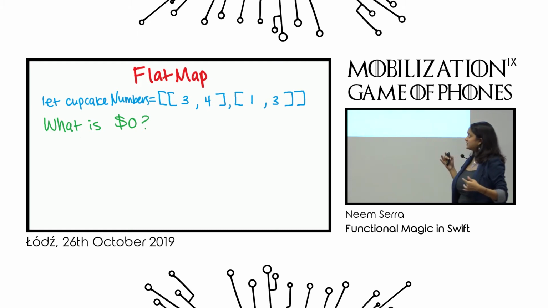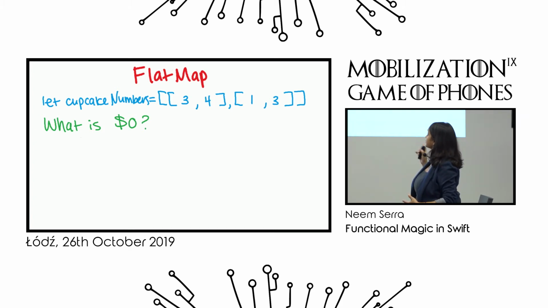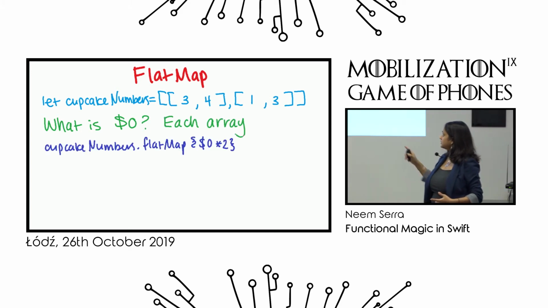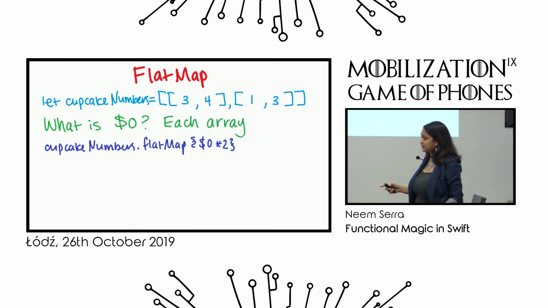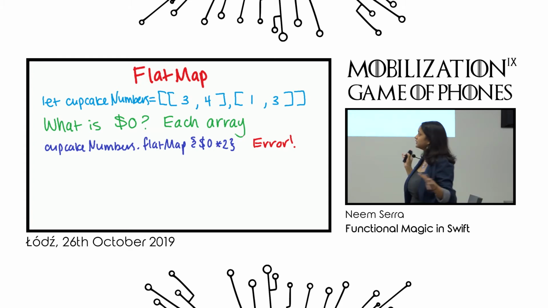So what is the first argument in a flat map, which is kind of weird. Some people will think it's just the number 3, but actually it's each of the arrays. So if you wanted to do something like, hey, double each of the numbers, you couldn't do this. This would actually fail, and Swift would say, hey, you can't double an array, what are you trying to do?